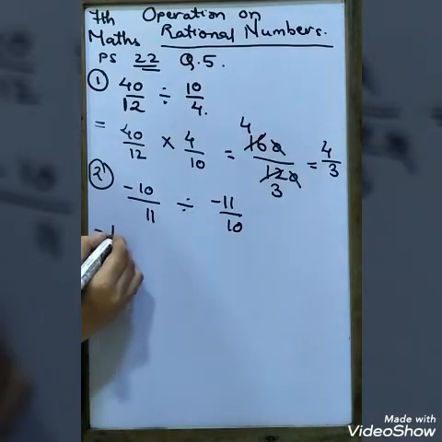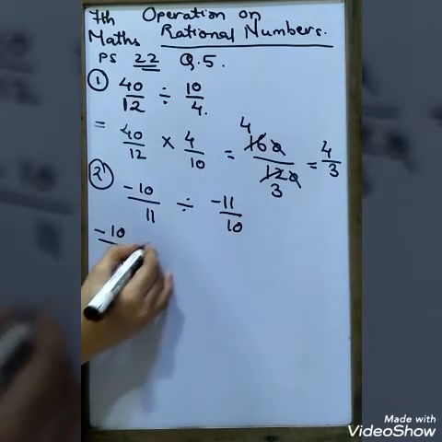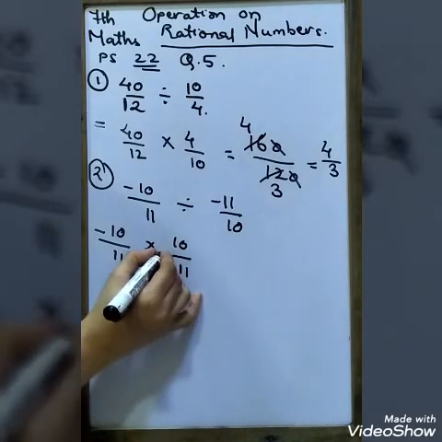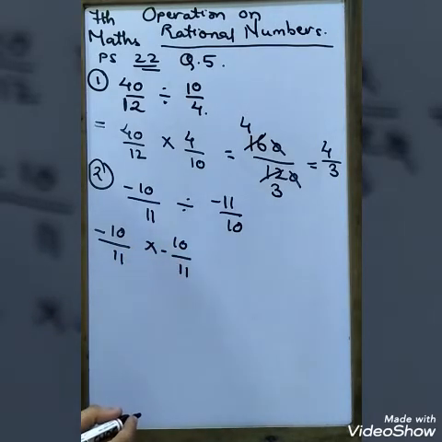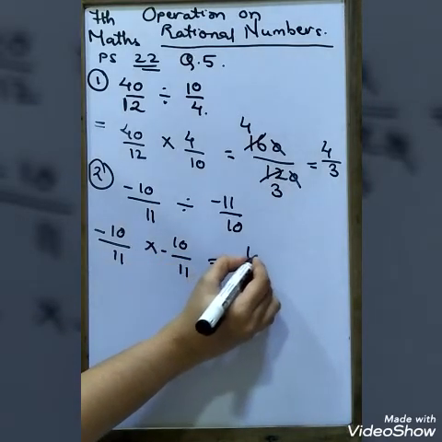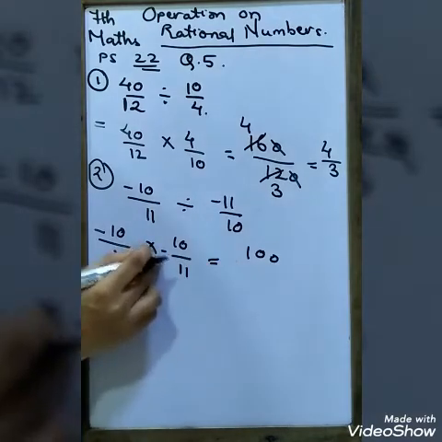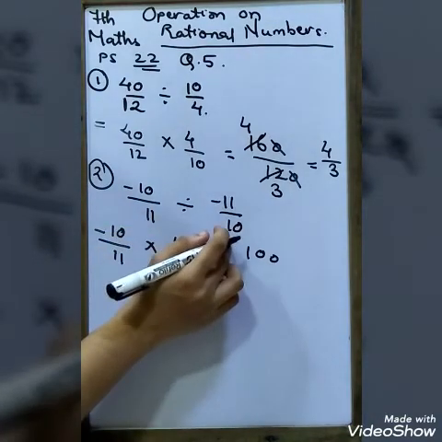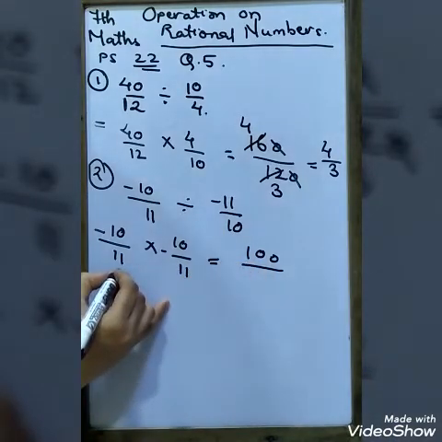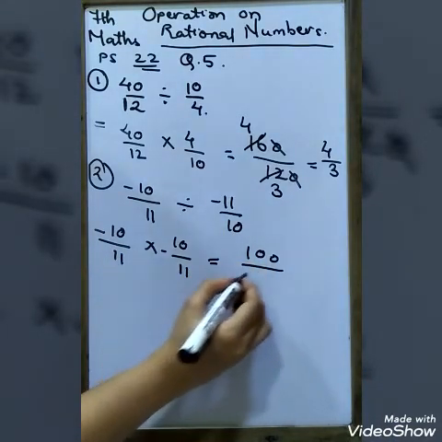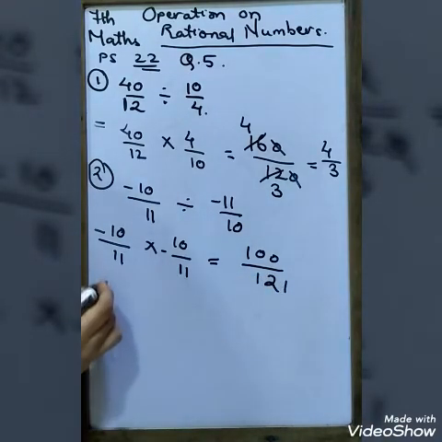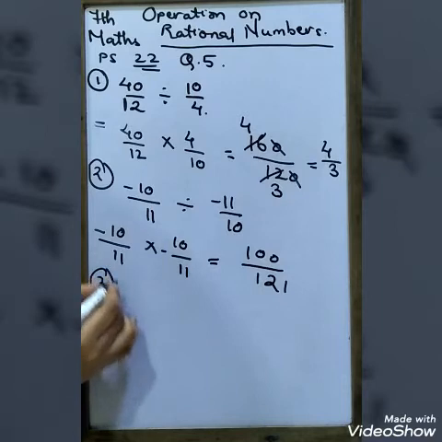So here -10/11 into 10/11, here the minus sign should come. 10 into 10 is 100, and minus into minus is plus, and 11 into 11 is 121. So the answer is 100/121.